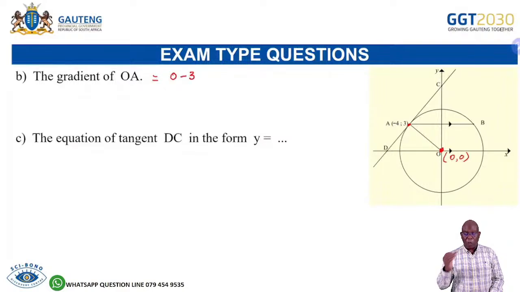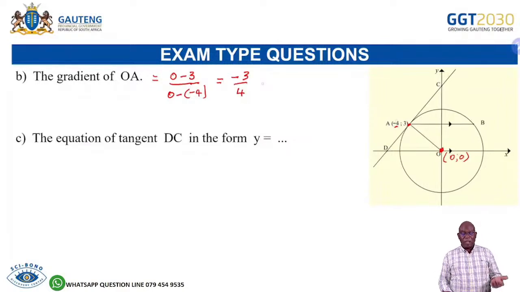Remember, it's the change in y over the change in x. So it's 0 minus 3 and 0 minus minus 4. So the answer that I'm going to get there will be negative 3 over 4, which is the gradient of that.